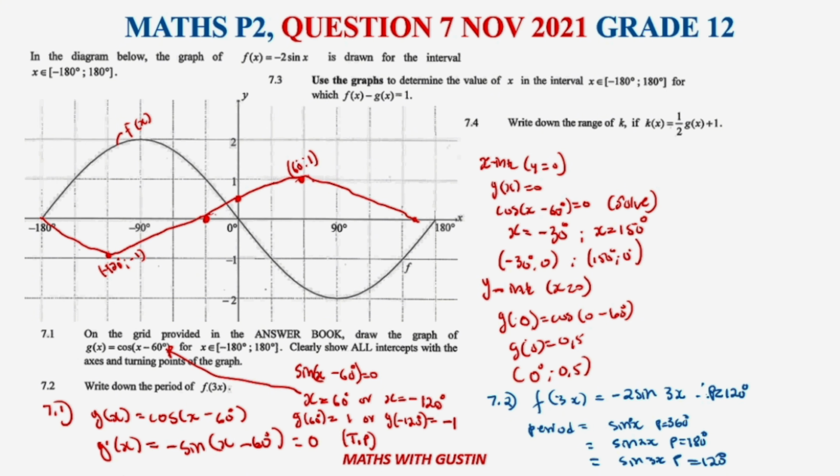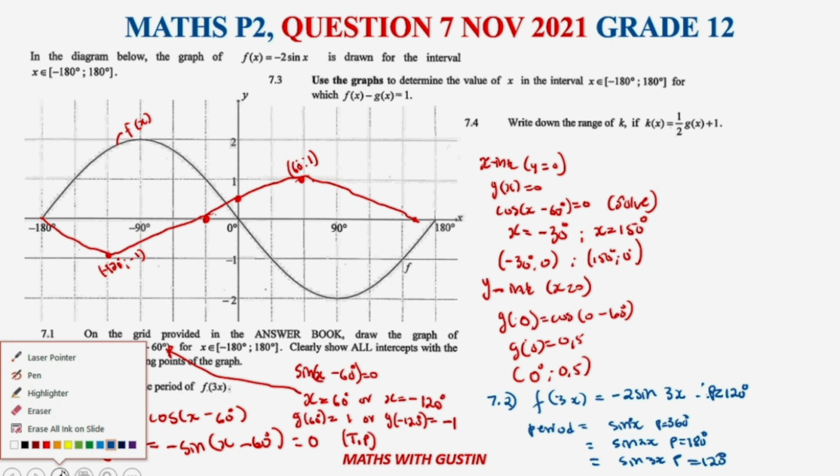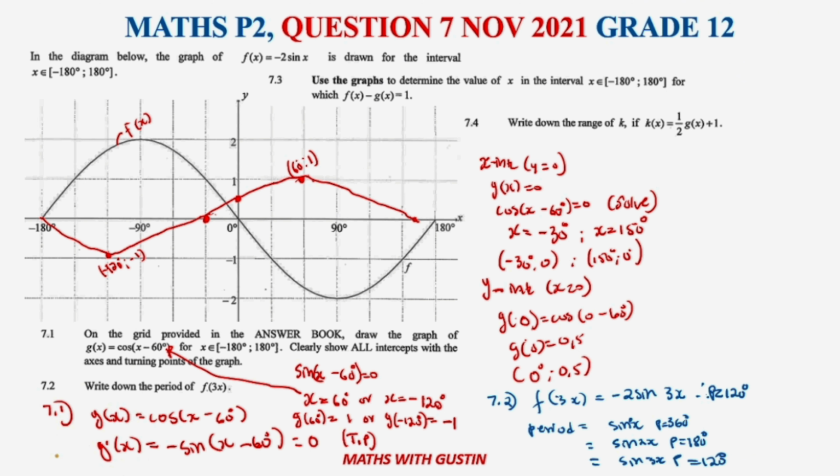Okay, 7.3 said use the graphs to determine the values of x in the interval of negative 180 to 180 for the values which f of x minus g of x is equal to 1. Okay, so now we need to come here. Let me just choose a different color for you guys to be able to see this one.